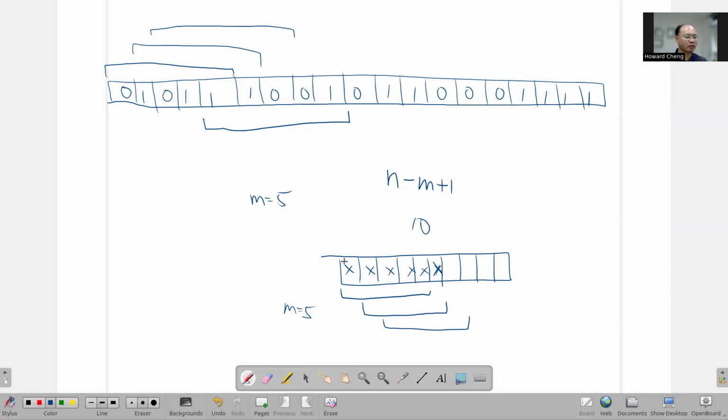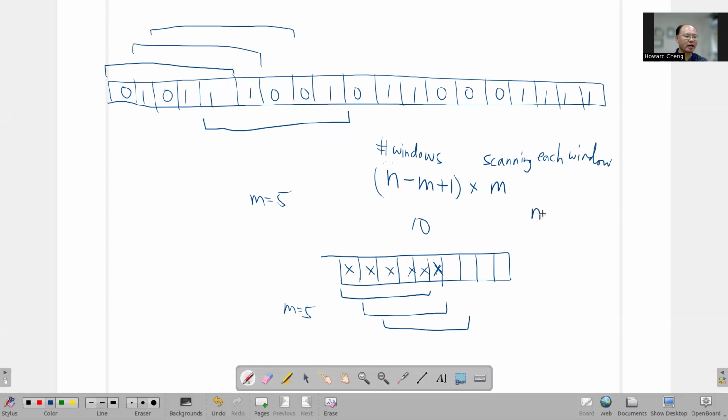And then for each window, if you were to scan how many ones there are, that's the number of windows times m, because that's how many elements there are. If you do that, then that's n minus m plus 1 times m.